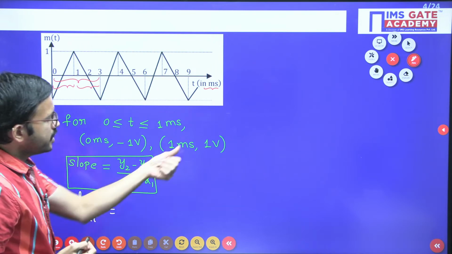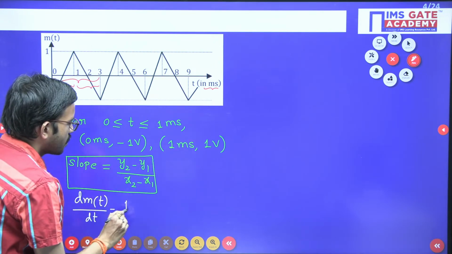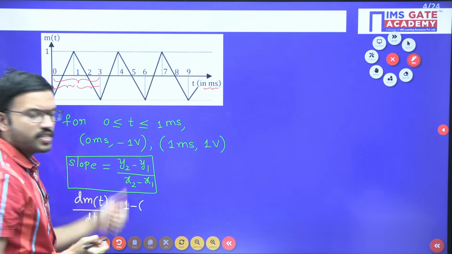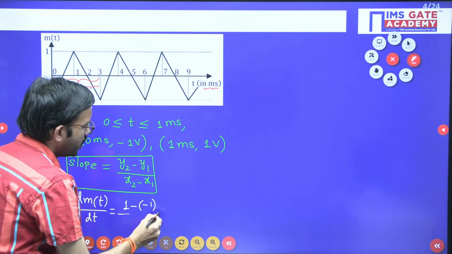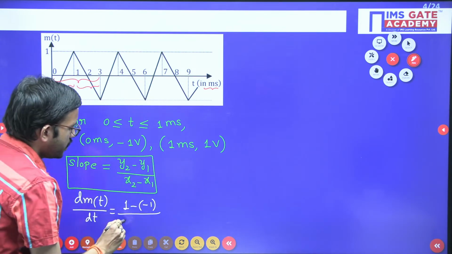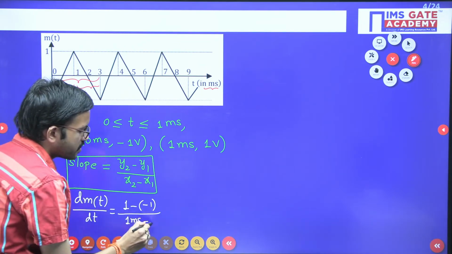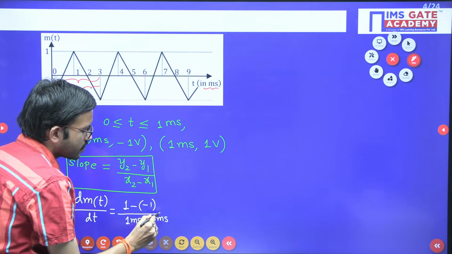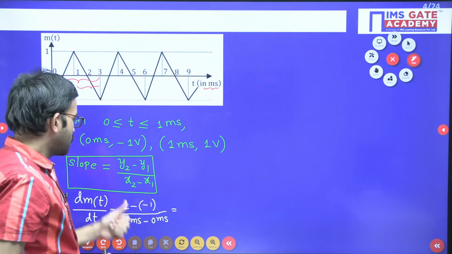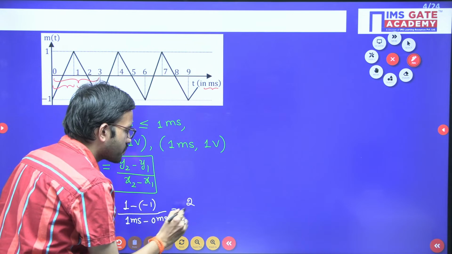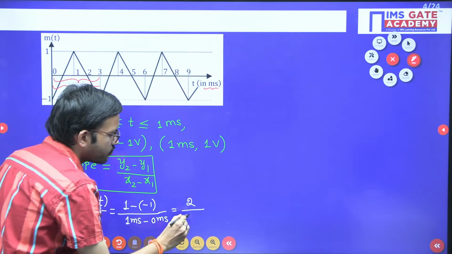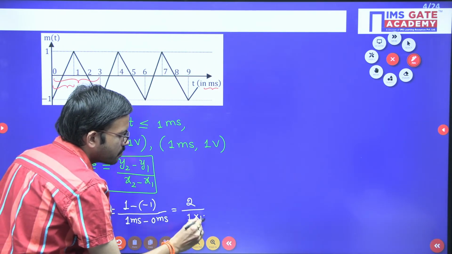In this particular case, y2 is 1 volt minus y1, which is minus 1, divided by x2, which is 1 millisecond, minus x1, which is 0 millisecond. So 1 plus 1 is 2, divided by 1 minus 0 is 1 milli, and milli is 10 power minus 3.